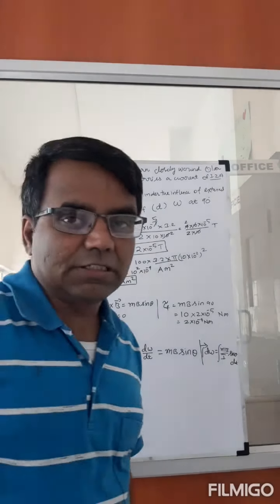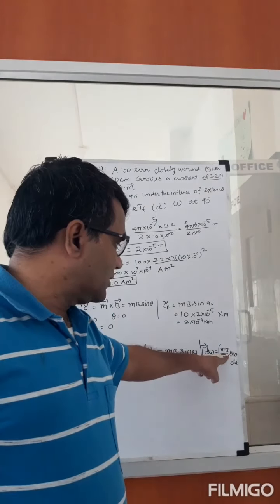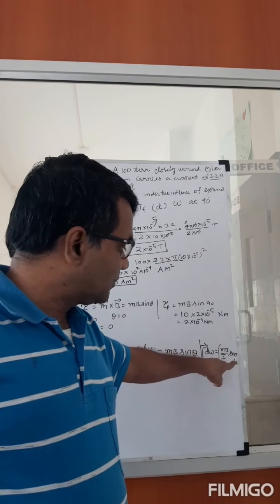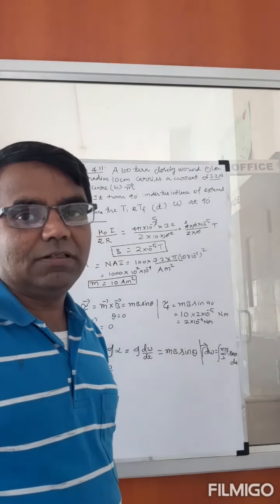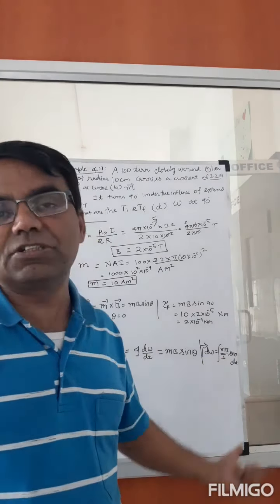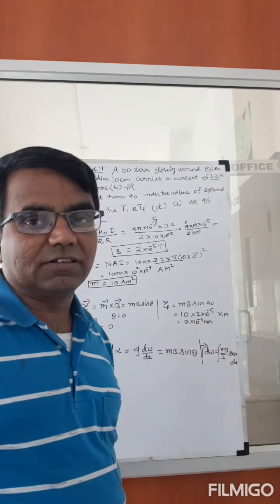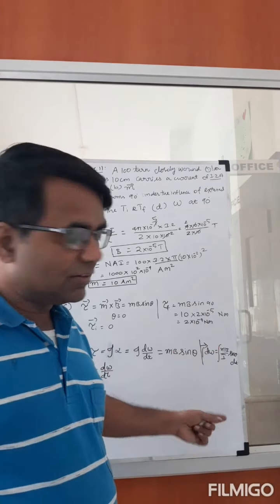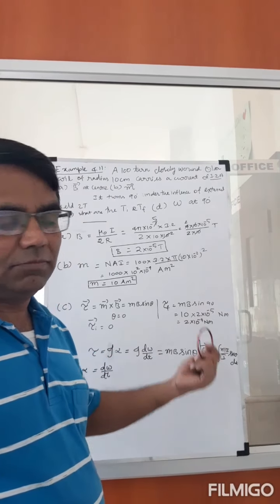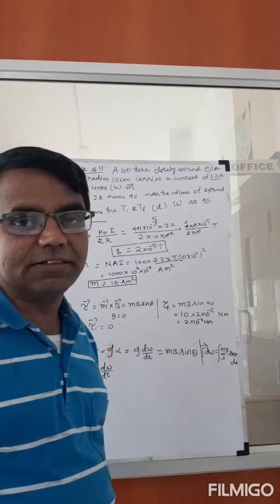But what's the problem with this integral? This quantity is in theta, but this expression deals with time. Theta is changing obviously with time, but unless you express theta as a function of time, you can't integrate it. And unless you integrate it, you won't get the omega at 90 degrees.